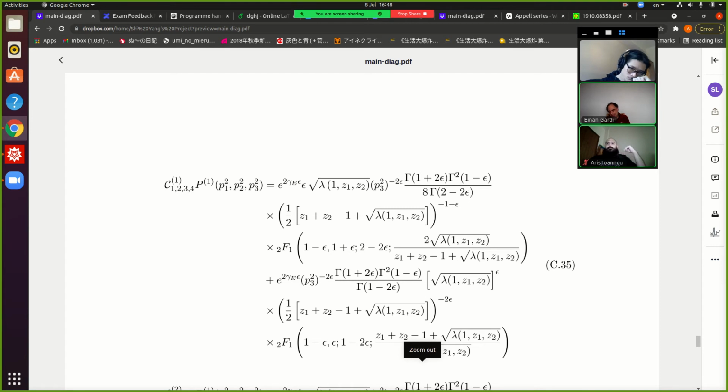That's log of psi, log of P1 squared over P3 squared. If this is positive, the log is positive, and there is no discontinuity, right? So, what was the secret to not have a discontinuity? That z bar was complex conjugate of z.